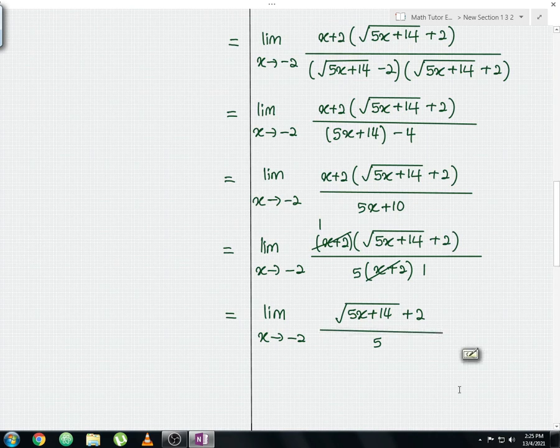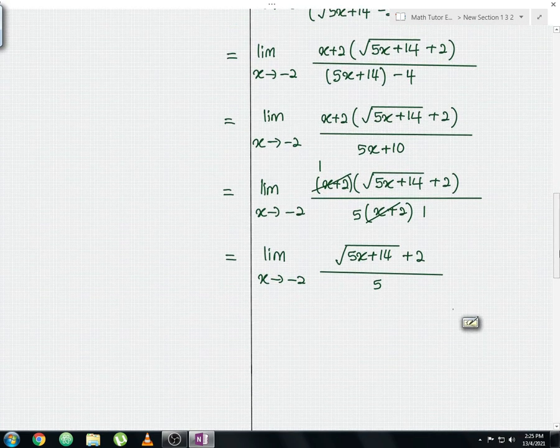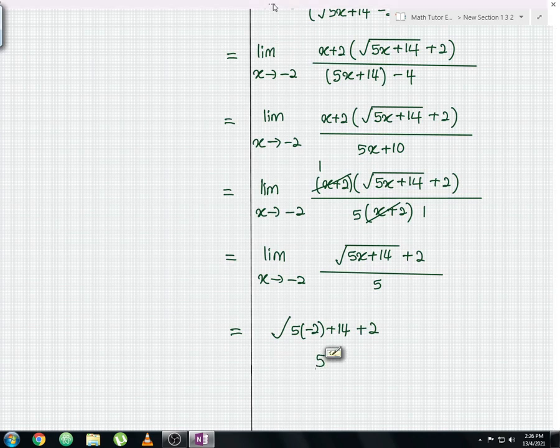So now we are able to substitute the limit inside. So from here, square root of 5 times negative 2 plus 14, plus 2, and then you divide by 5.